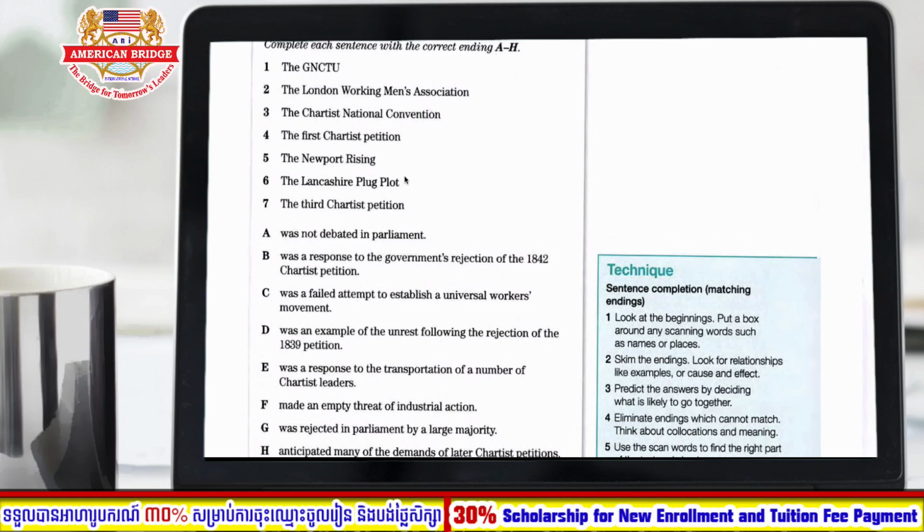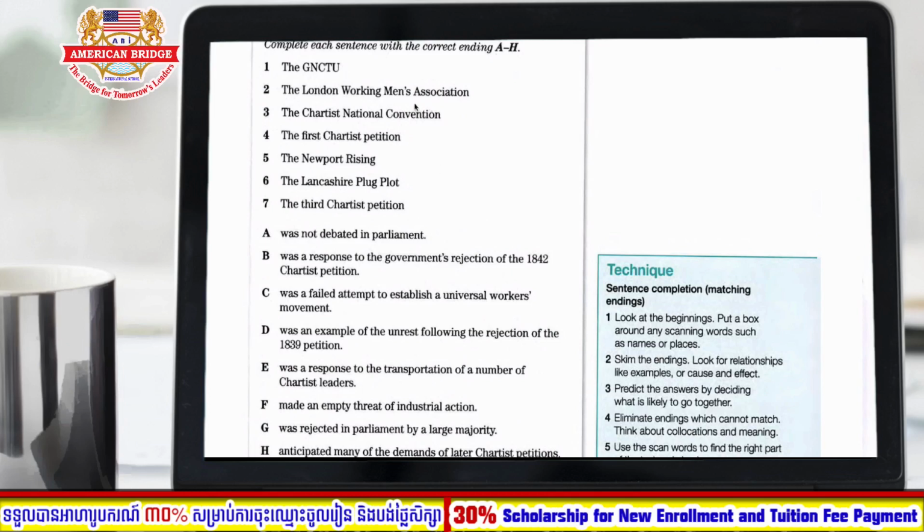But after I learned the skimming and scanning strategy, this exercise became a little bit easier, though nowadays I still make some mistakes. So no one is perfect. You need to practice more and more to be familiar with this type of exercise.